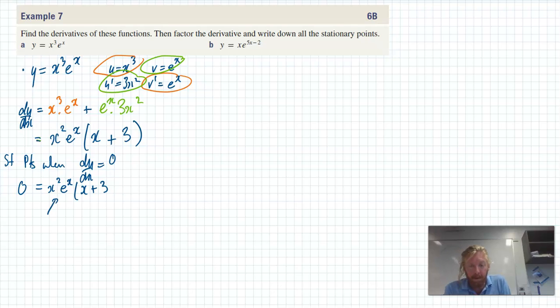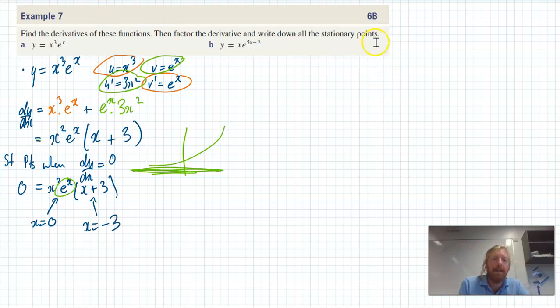Here I get one only when x is 0, because e to the x can never be 0. That's because it never crosses that line. It's never 0. So I've got x equals 0 on that one, and on this one I've got x equals minus 3.